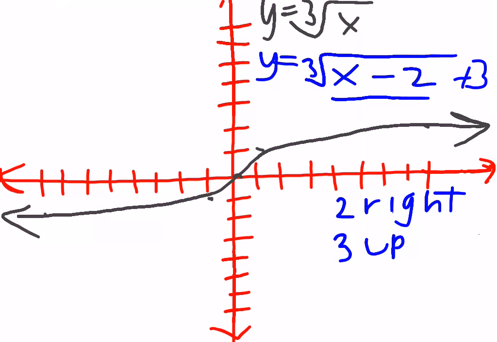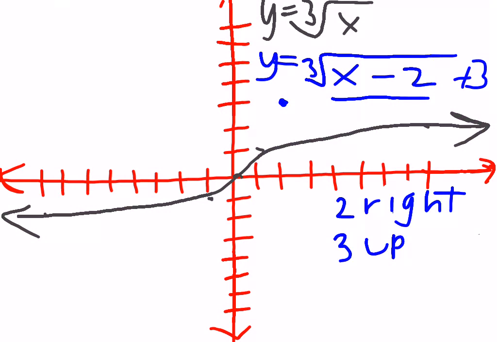So let's go ahead and do that. Let's move this over. I'm going to move to the right 2, and I'm going to move 3 up, 1, 2, 3. So this right here will be my new point. Shoot, it looks like I'm going to be going right into my function there.